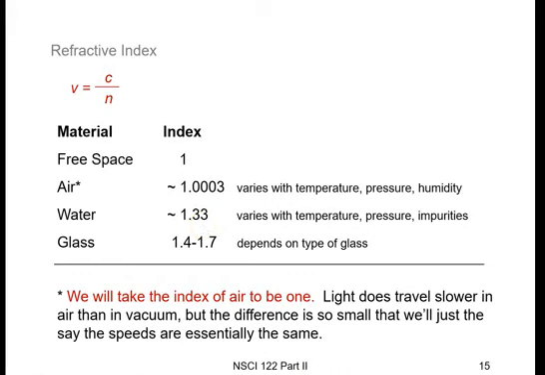Again, it's going to vary slightly depending on the conditions of the water. And for glasses or plastics that are typically used to make things like lenses or prisms, the index is somewhere around 1.4 to 1.7. So this gives you a sense of the typical range of values for the refractive index. And I just have a note here that we will take the index of air to be 1 when we treat light in air.